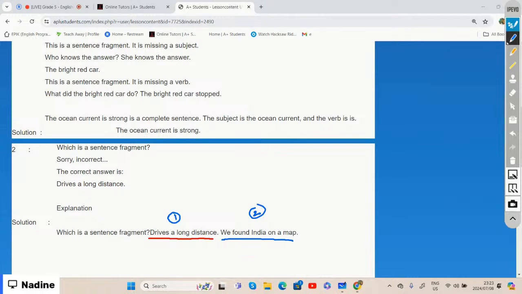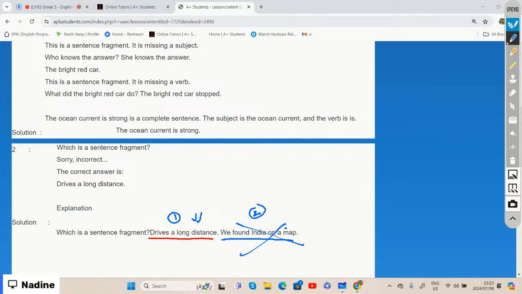All right, so if we were to select the correct one that is a sentence fragment, remember, we said that a sentence fragment is either missing a verb or it's missing a subject. So if we look at that sentence, drives a long distance is correct, right? Why do you say this is a sentence fragment? What is it missing?